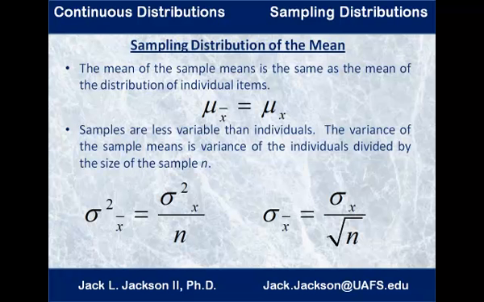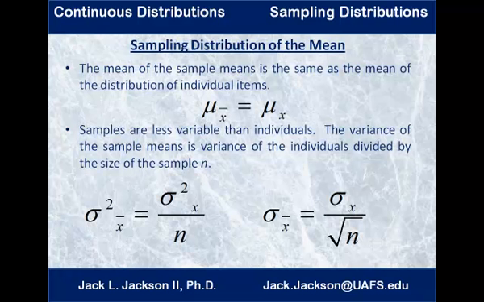Specifically, the variance of the sample means is the variance of the individuals divided by the size of the sample. So the sigma squared of the x bars is the sigma squared of the x's divided by n. Of course, if we want to find the standard deviation, we just take the square root of both sides, and we see that the standard deviation of the x bars is the standard deviation of the x's divided by the square root of n.